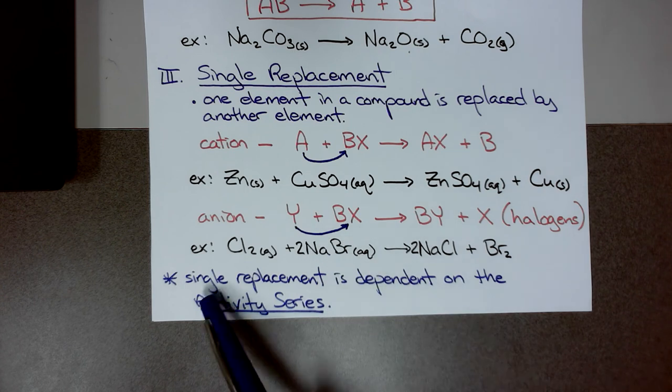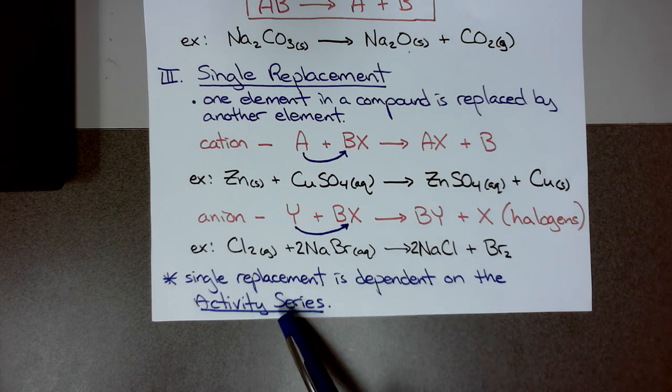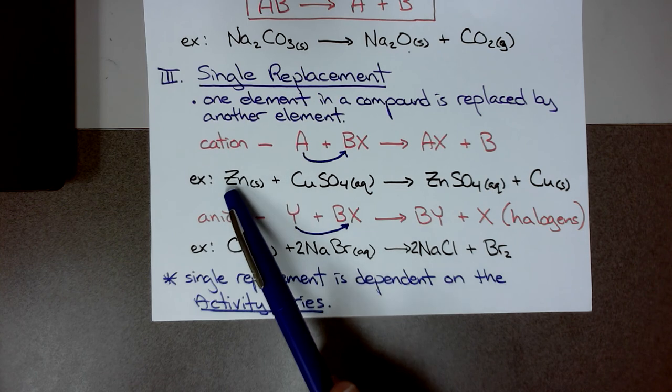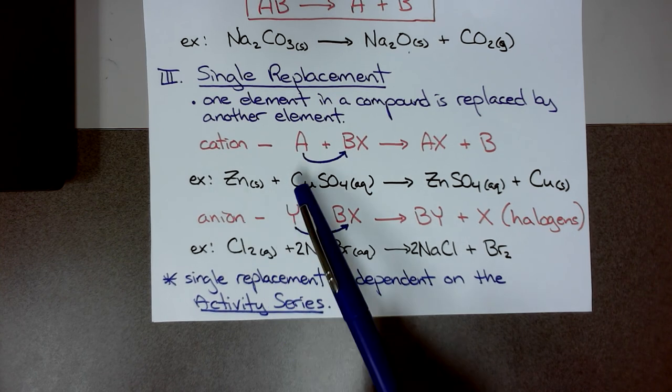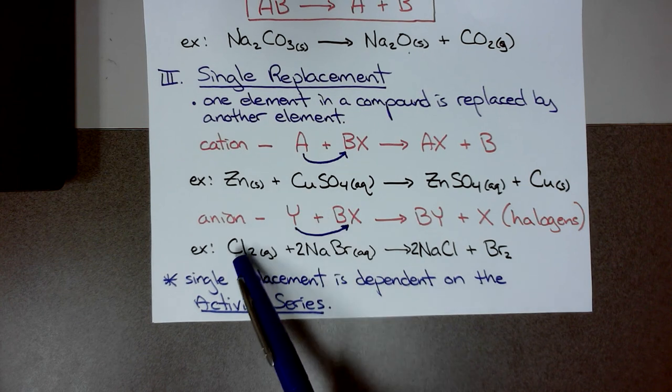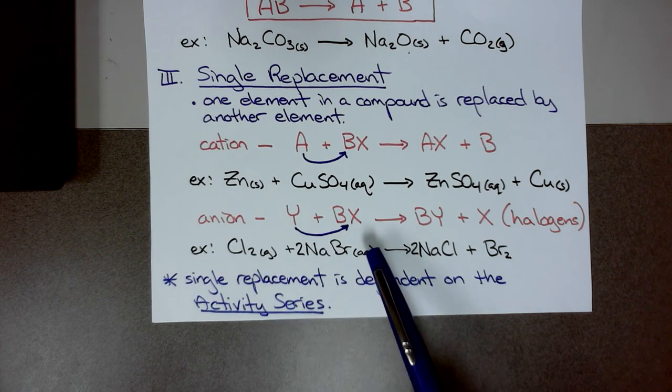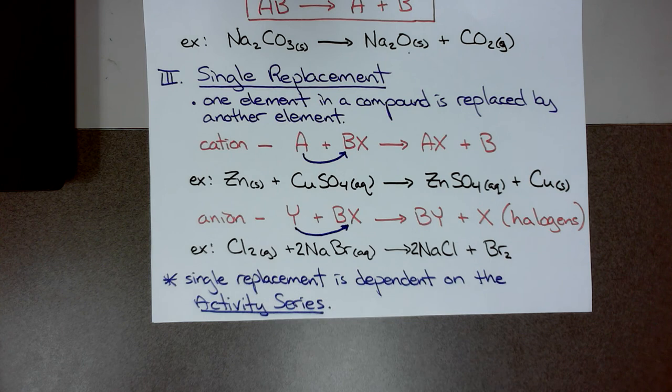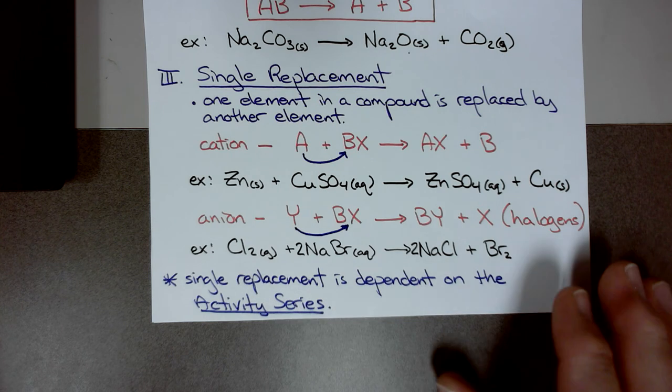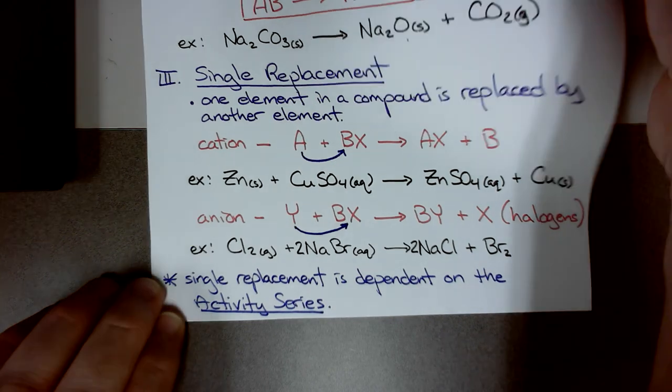And then it depends on the activity series. In other words, this has to be higher on the activity series to replace this copper. Or the chlorine has to be higher on the activity series than bromine, or it won't work. And we'll go over the activity series in a different video.